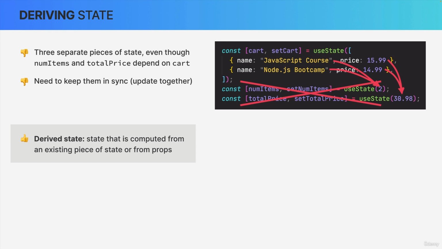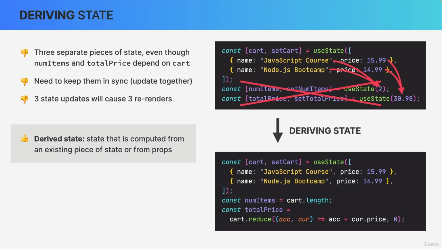But updating these three states separately creates a second problem, because that will then re-render the component 3 times, which is absolutely unnecessary in this example. Instead, we can simply derive the num items and total price state from the cart and therefore solve all these problems, because the cart already contains all the data that we need.